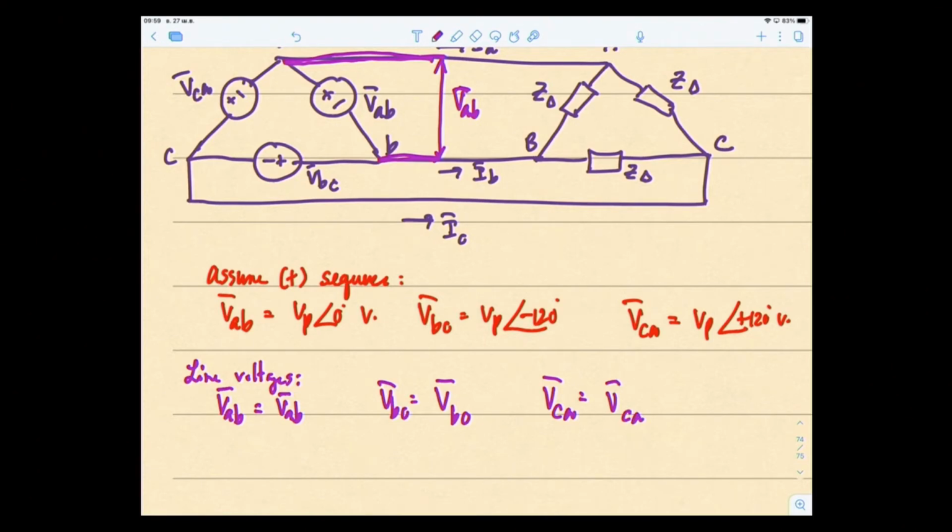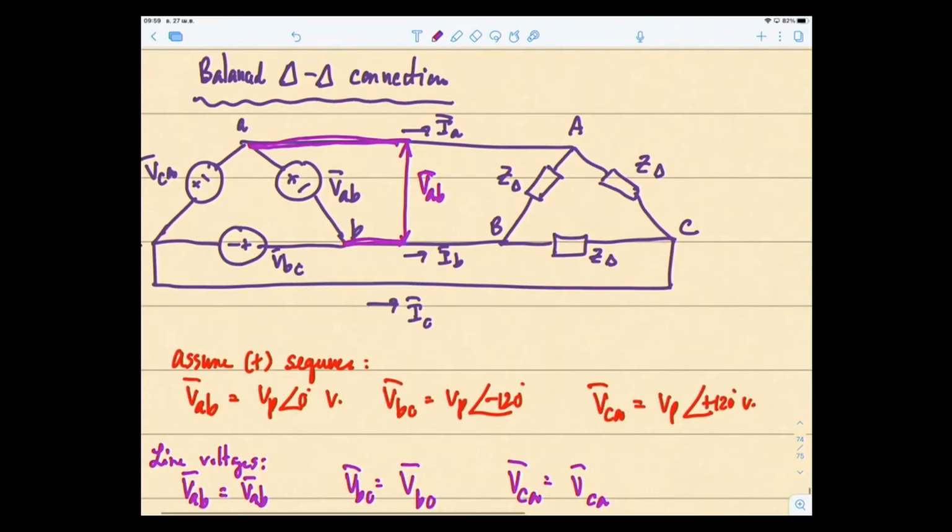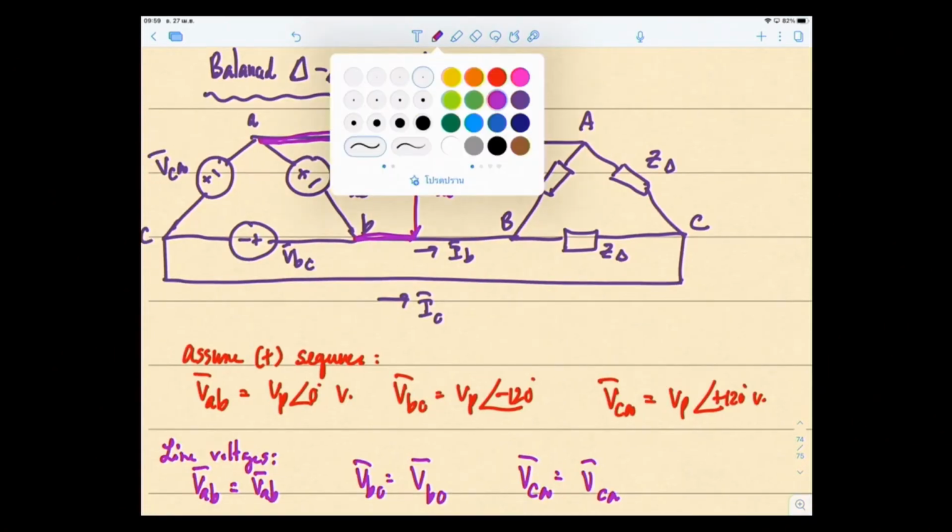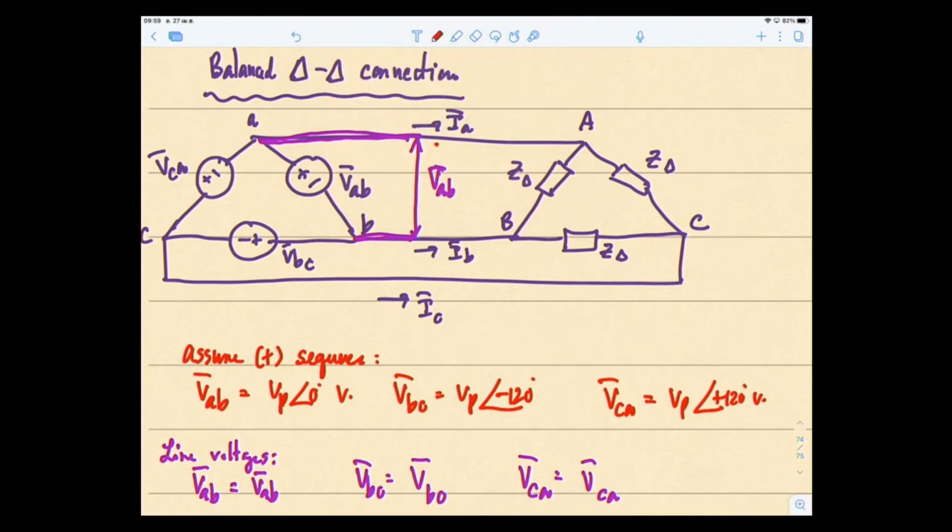Next, the currents. If you look again here, the line voltage, if you go on this side toward the load side, you find out also that the line voltage is the same thing as the phase voltage on the load side.